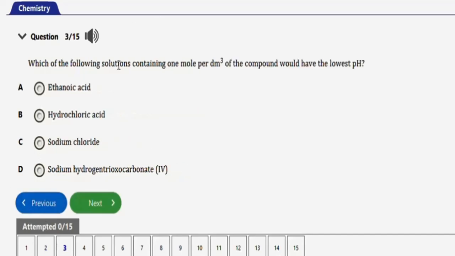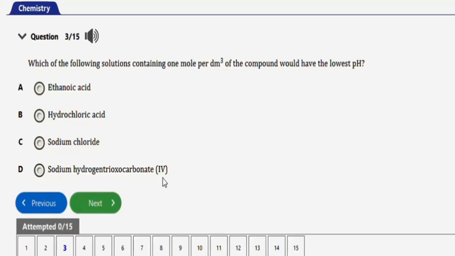It says, which of the following solutions containing 1 mole per dm cube of the compound will have the lowest pH? We have ethanoic acid, we have hydrochloric acid, sodium chloride, we have sodium hydrogen trioxocarbonate(IV).